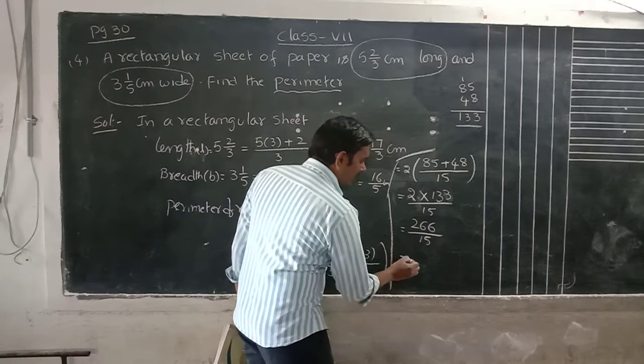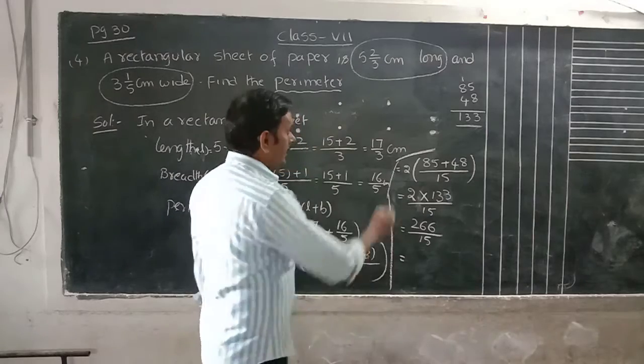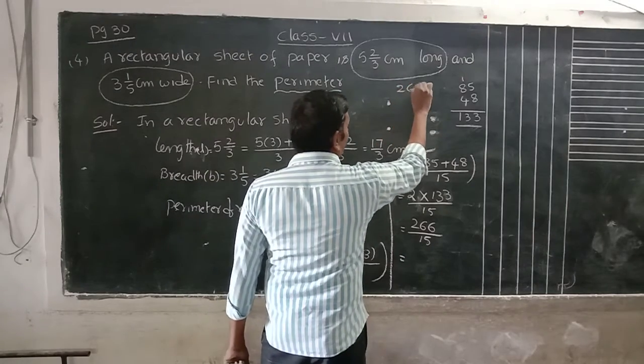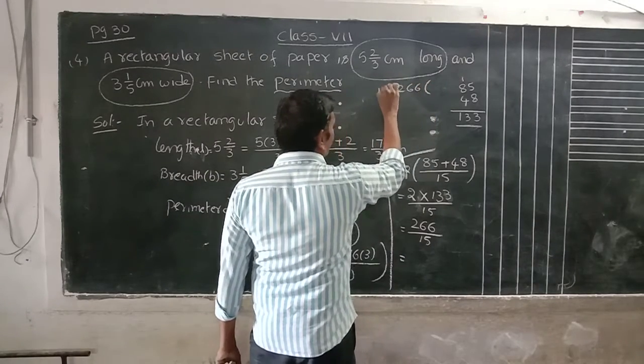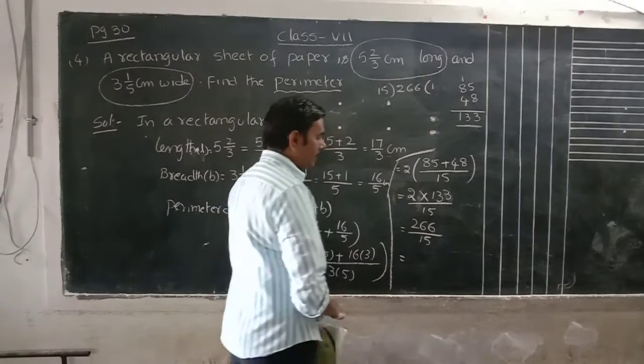Now convert it into a mixed fraction. 266 divided by 15.